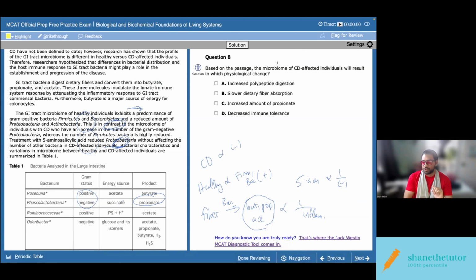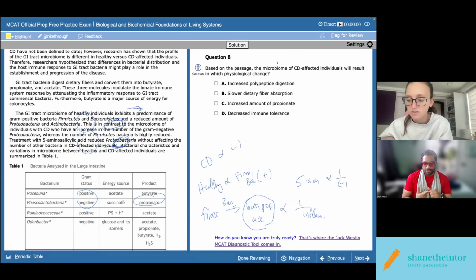Like why would we be absorbing it? I can see how that can make you think it'll be slower because we're turning the fiber into other stuff. But we're not absorbing, or that's not what the bacteria is doing. It's not causing absorption. And we did not talk about fiber itself getting absorbed.